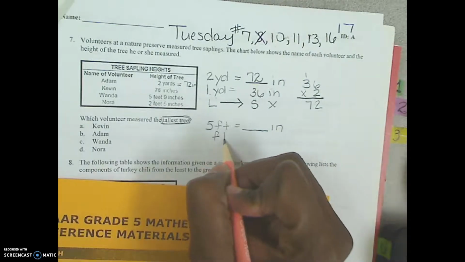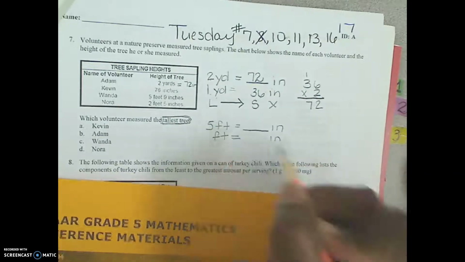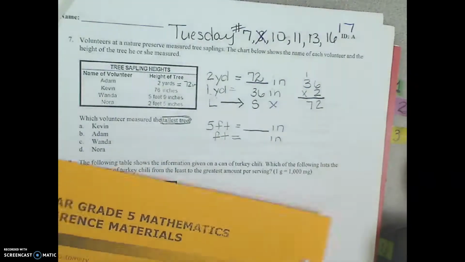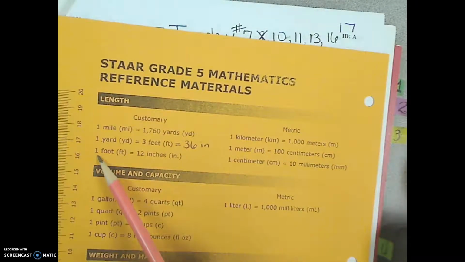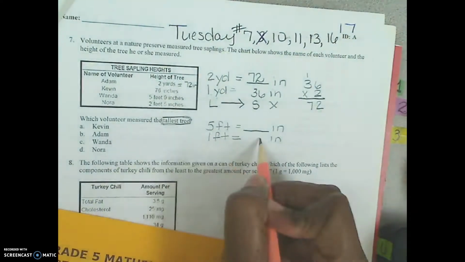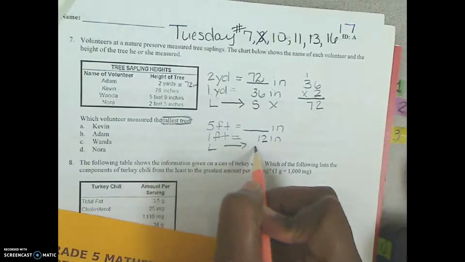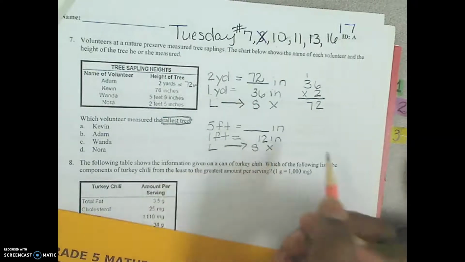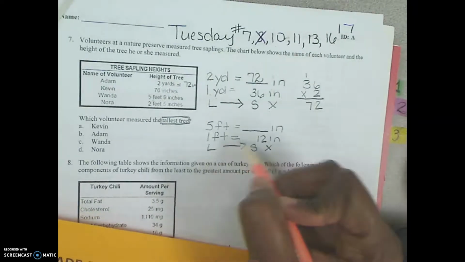All right, thanks for coming back. Check to see, did you put feet and inches? Now I'm going to look at my handy dandy reference chart. See how they equal one another. I have 1 foot is equal to 12 inches. Larger to smaller, you gotta multiply. So I know if I have 1 foot is 12 inches.